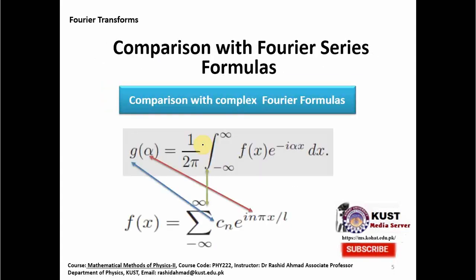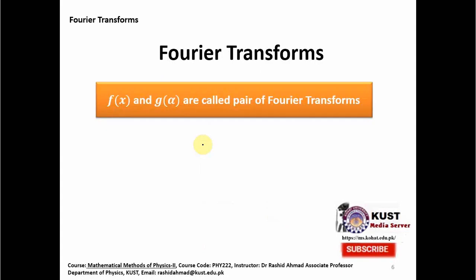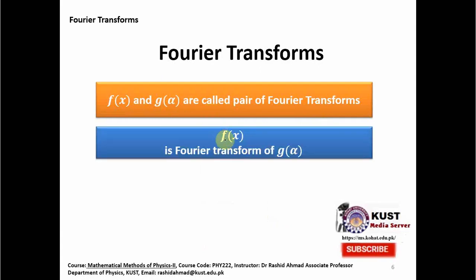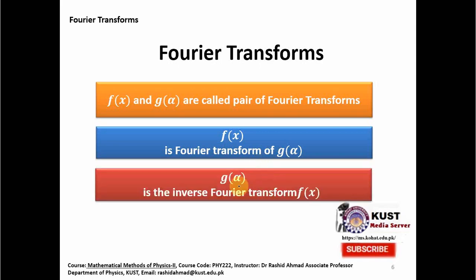After developing this comparison, the first thing is that f of x and g of alpha are now called a pair of Fourier transforms, as you have already seen. f of x is a Fourier transform of g of alpha, and g of alpha is the inverse Fourier transform of f of x. As a matter of fact, these definitions are not that strict.